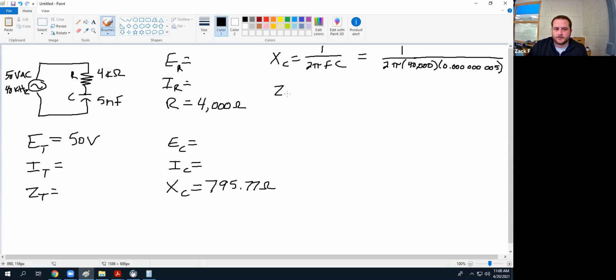Z of T equals the square root of R squared plus X sub C squared. So the square root of 4,000 squared plus 795.77 squared.